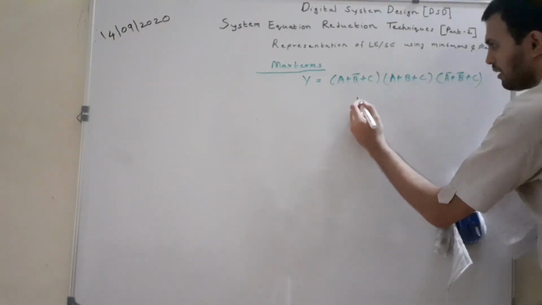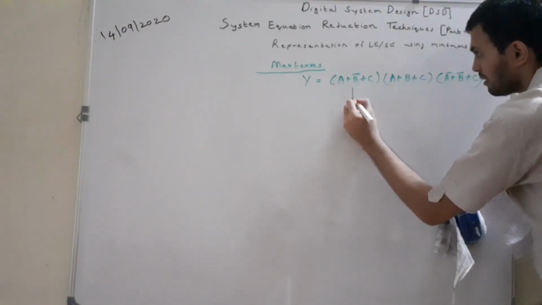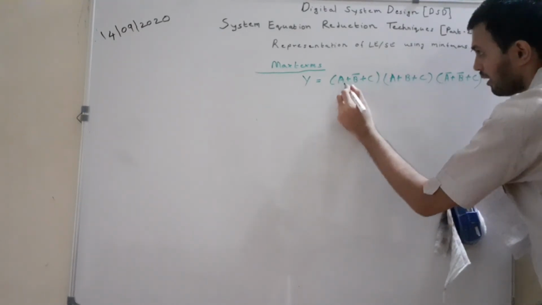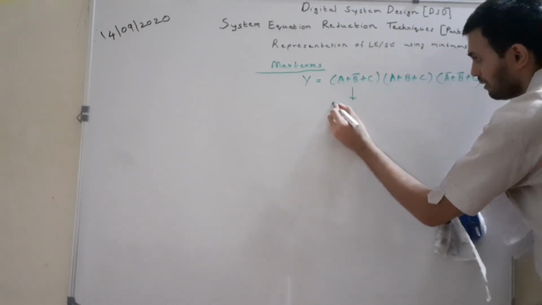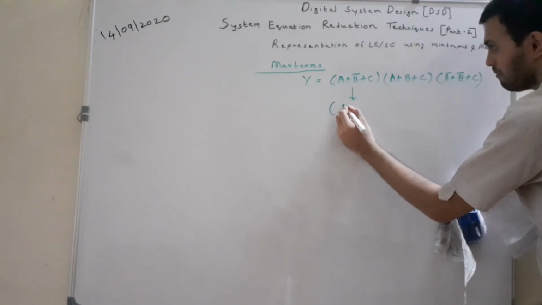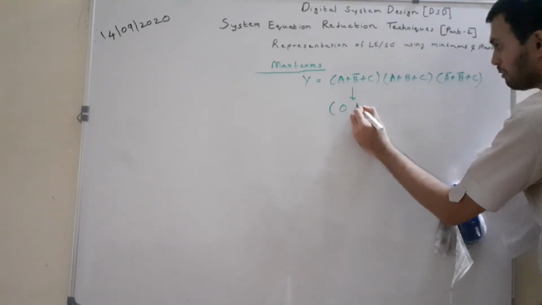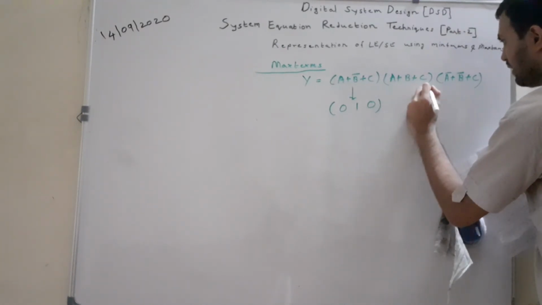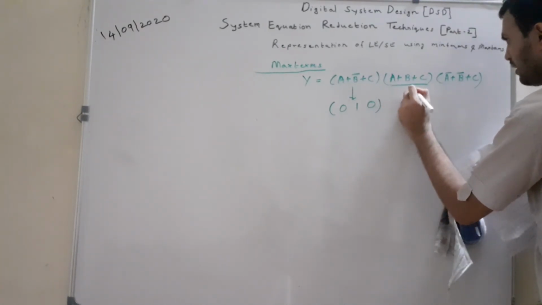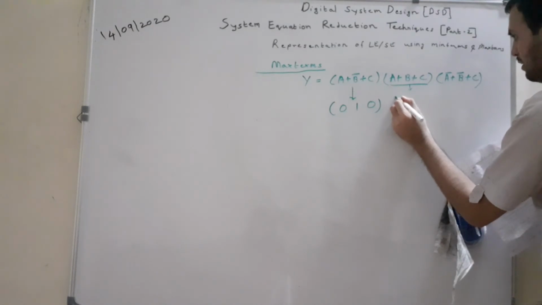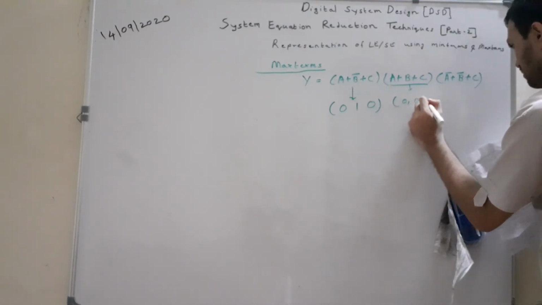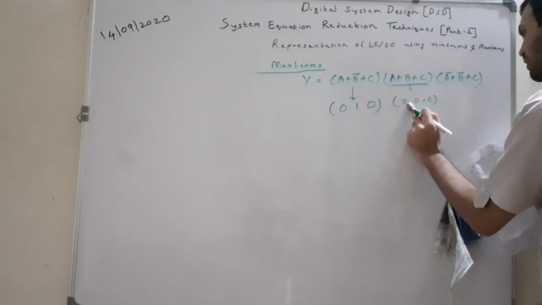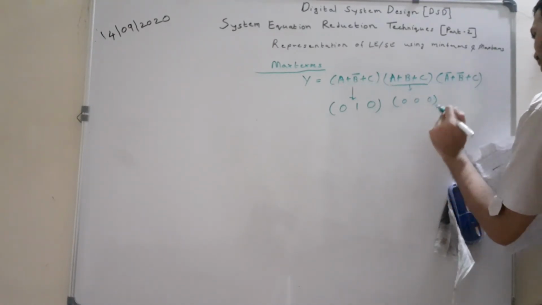How will you represent it in terms of its max terms? For A plus B complement plus C, A is represented by 0, B complement by 1, C by 0. The second term, A plus B plus C, is represented by all zeros, because we are denoting max terms here.